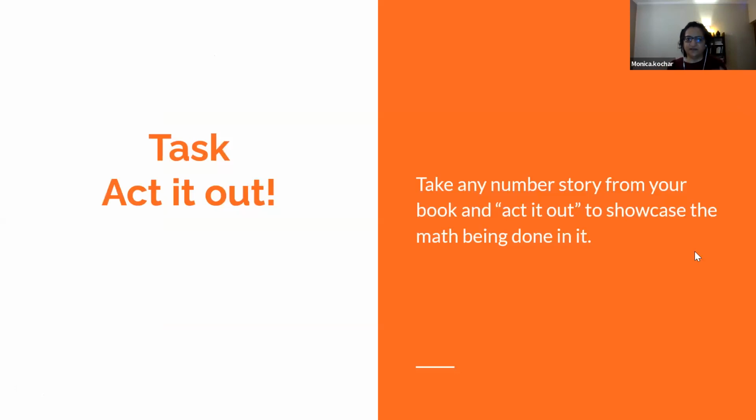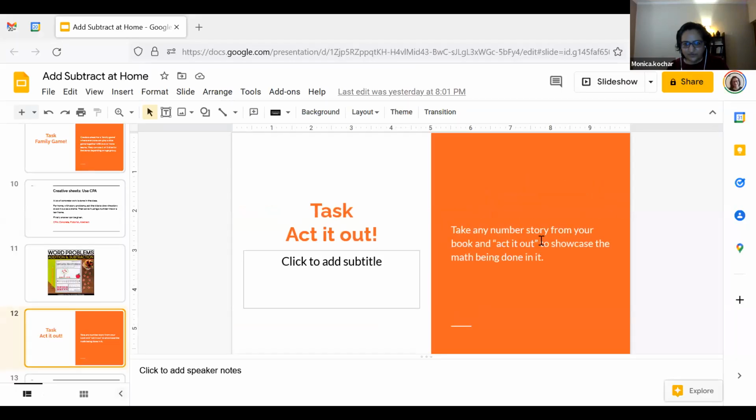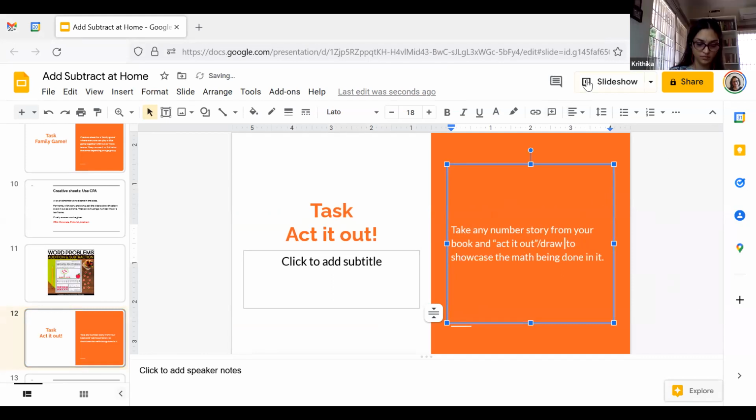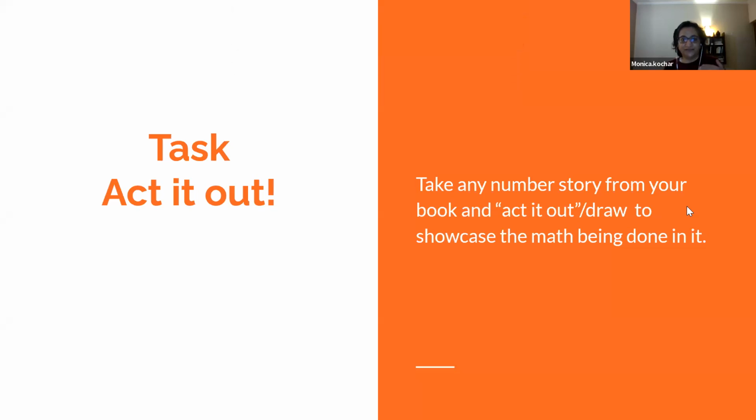at home. Take any number story from your textbook and either act it out, I should say either act it out or draw, to showcase the math being done in it. That's up to you. So you will actually act it out, which means that if you're sitting, you might have to stand and show, if there are cars coming, how you act it out.